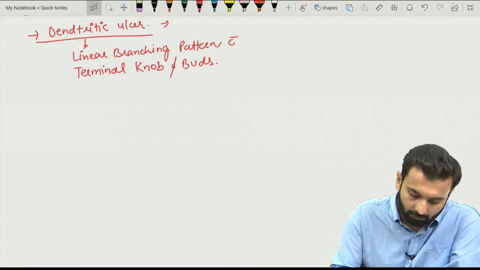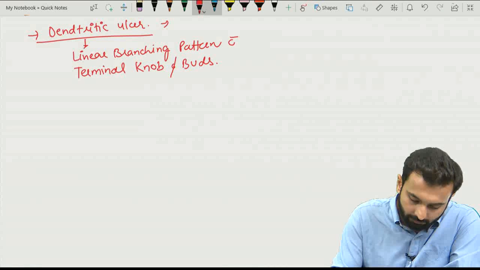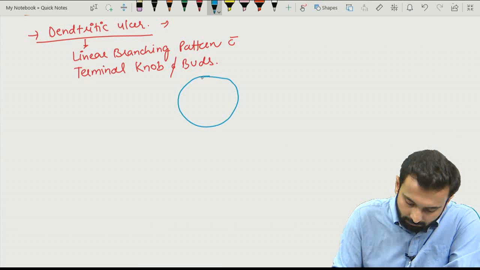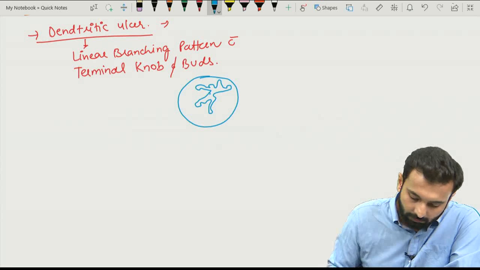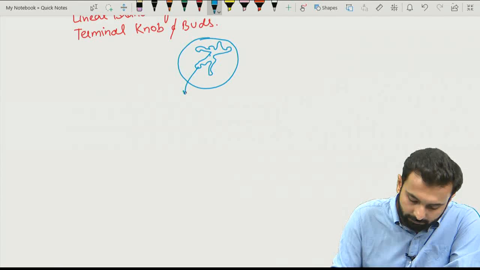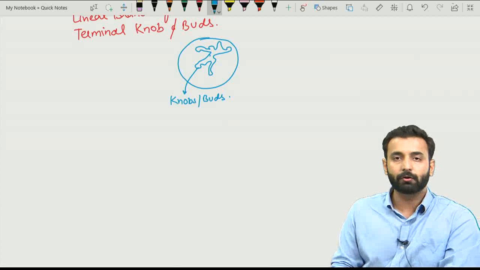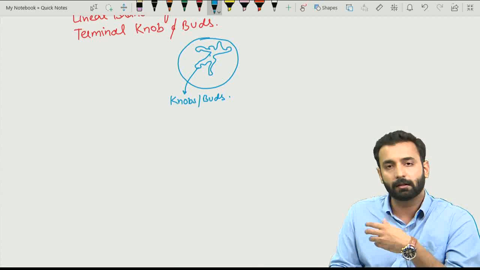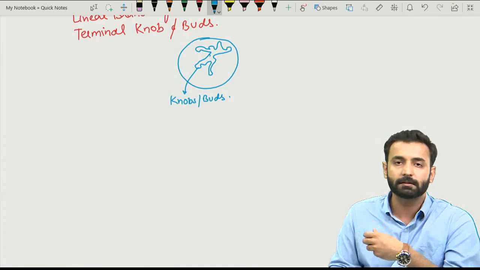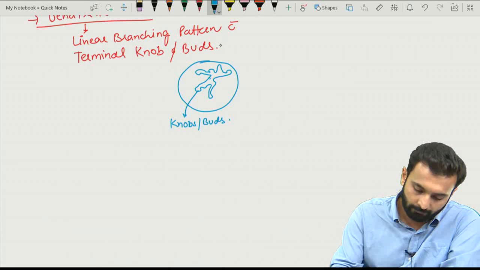Suppose this is the cornea; the buds will look like this, so they will have terminal knobs or buds. How do you examine them? You examine the dendritic ulcer with the help of fluorescein staining.